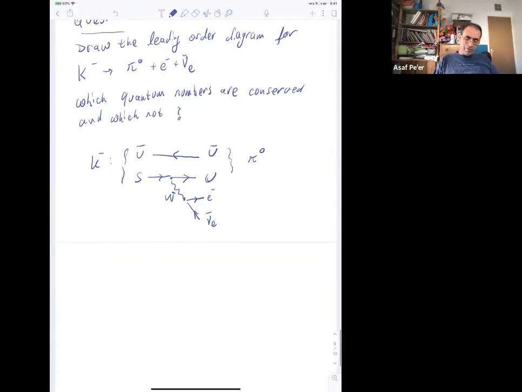So the flavor is not conserved, of course, which is always the case when we have anything involved with a W. Also, the quark family number is not conserved, because it involves quarks from different generations. The s quark is second generation, so quark family number is not conserved.